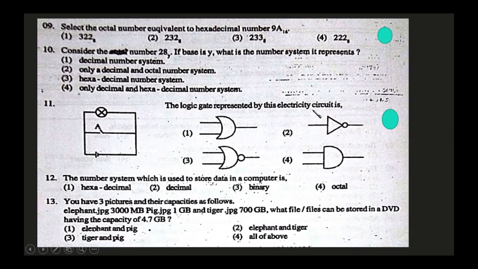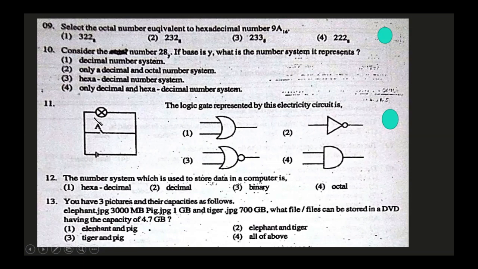Yes, the logic gate represented by this electricity circuit. I think you have to understand this. This is the bulb. Here is the switch. A is the switch when we use electricity using a battery. On and off mean on is 1, off is 0.